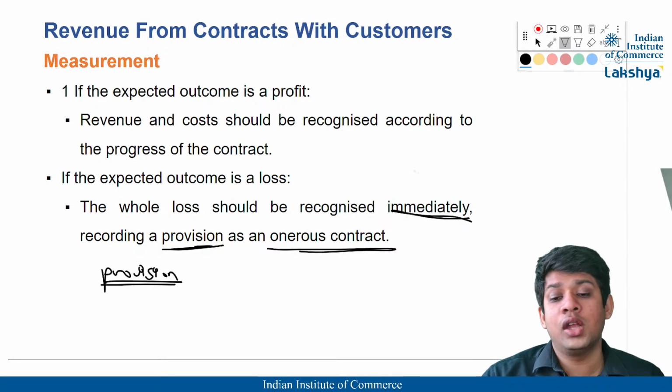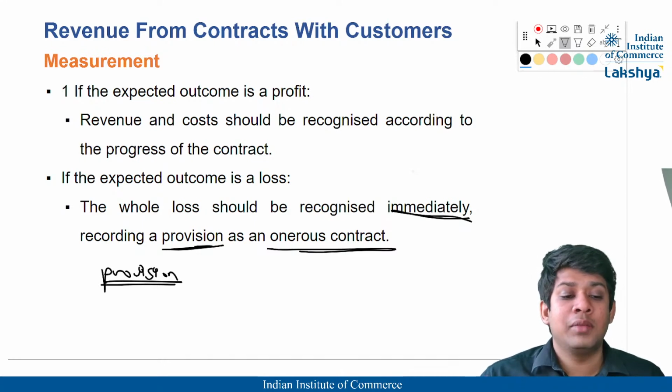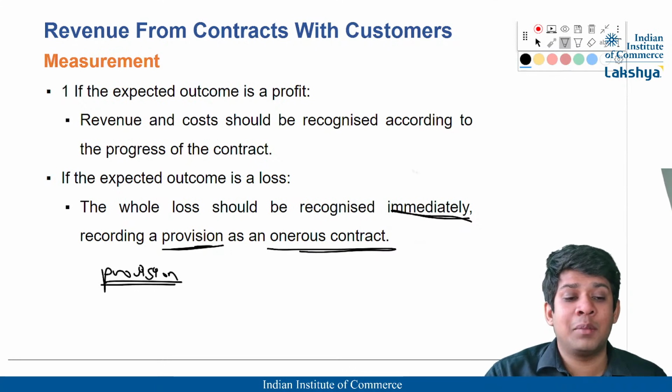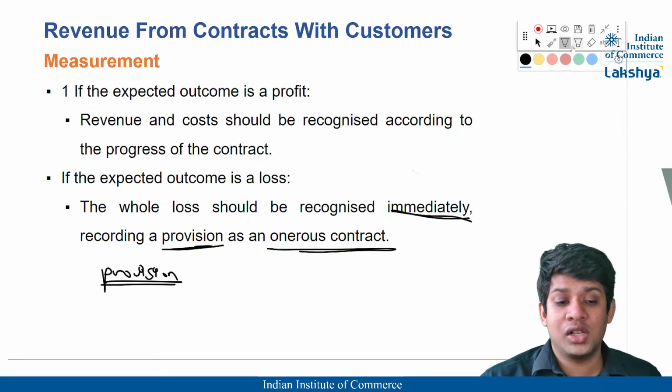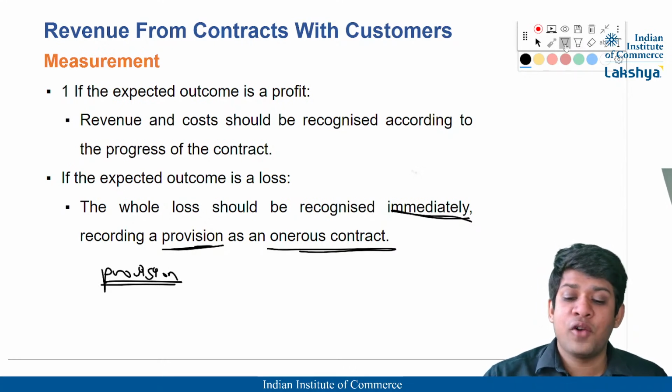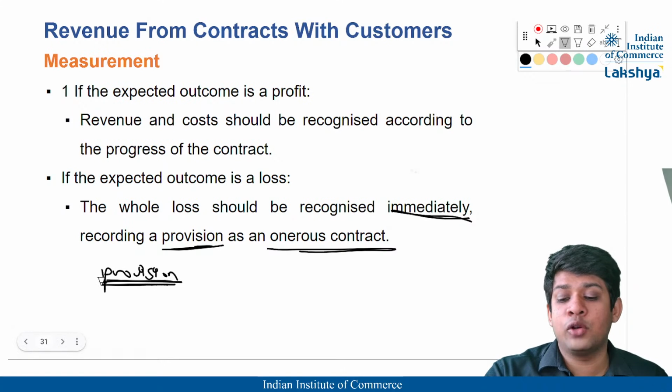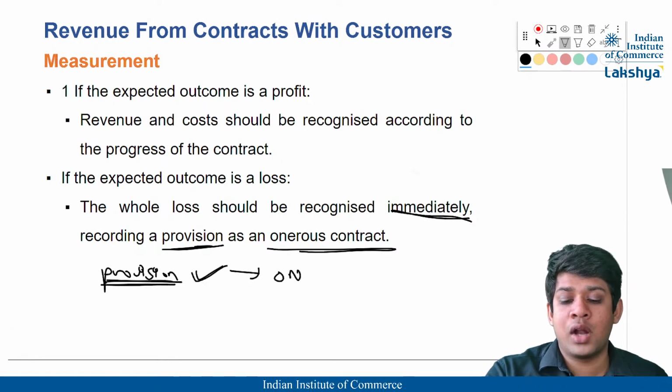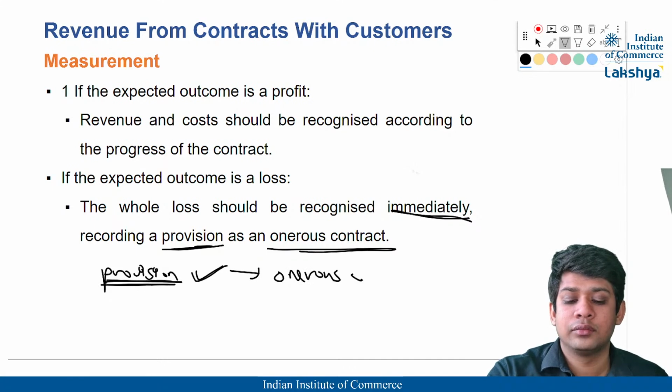So technically the cost that I might incur may be 2 million, and the benefits that I'm going to get are only 1.5 million. The benefits I'll receive are not justifiable for the cost I'm going to incur, so I'm going to make a loss at a future date. For that future loss, I'm going to recognize a provision today and consider this contract an onerous contract.